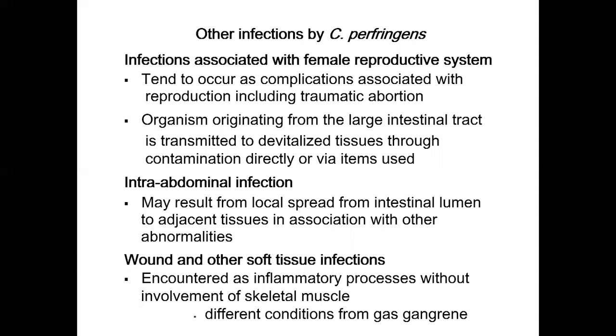So the mother could get exposed to that organism from the environment. It is also associated with traumatic abortion, especially when carried out under unhygienic conditions. The organism originating from the large intestinal tract can be transmitted to the vitalized tissues also. So it could come from outside, or from the person himself through contamination directly or by used items if they're contaminated.